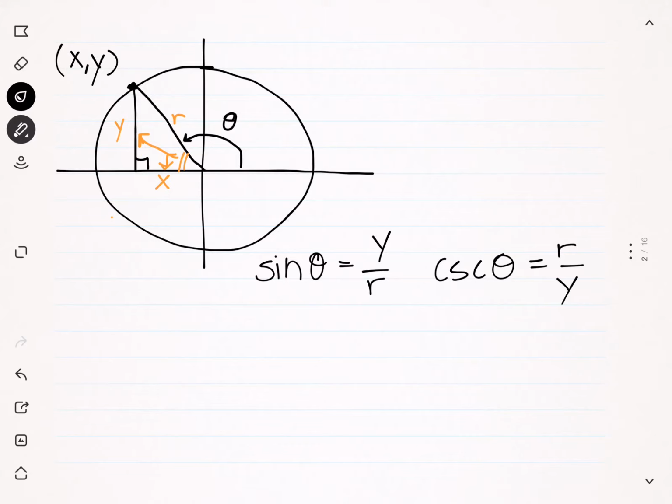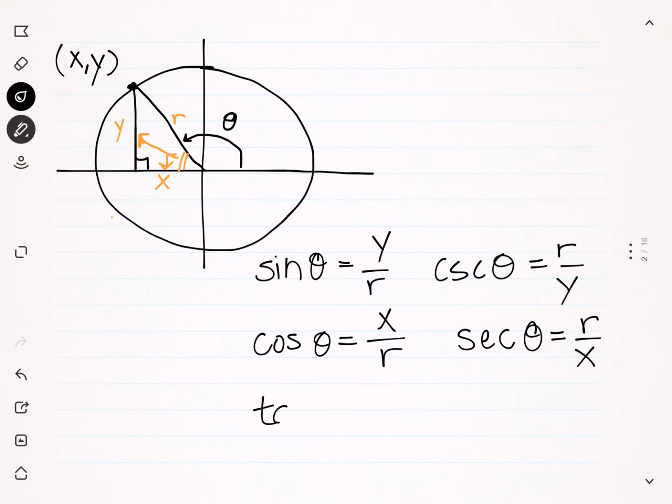The cosine of an angle theta, we know as the adjacent over the hypotenuse. So the adjacent is going to be x, and the hypotenuse is the radius. Now we have what's called the secant function, and we're going to abbreviate that as SEC, and that is again the reciprocal of cosine. So flip the fraction and you're going to have r over x.